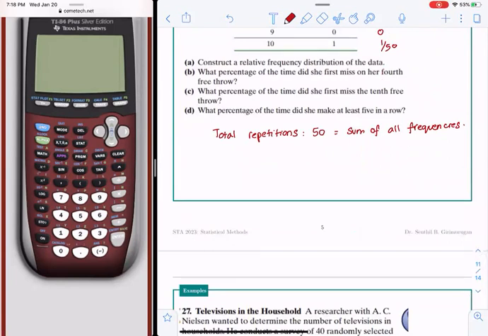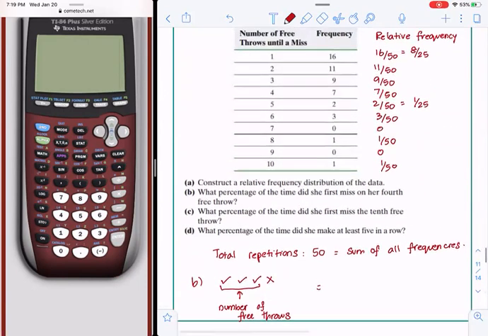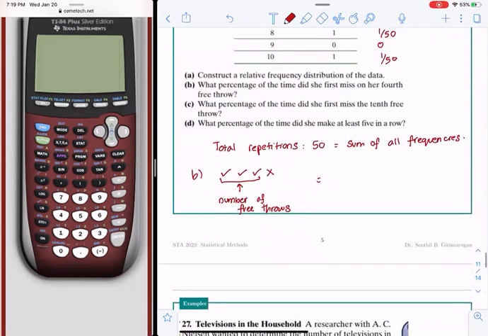So successful throw, successful throw, successful throw, and the fourth throw she misses. So the number of free throws here would be actually 3. So we would have 9 out of 50.